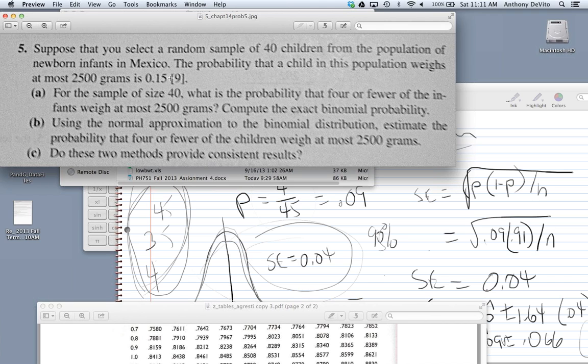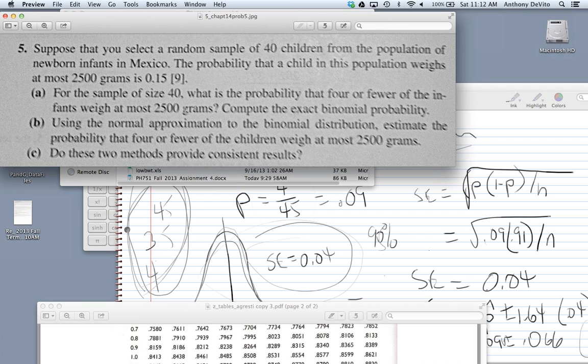Well, that's going to be our binomial distribution. Okay, what's the probability using a normal distribution estimate? Well, in this case, they're saying you take a sample size of 40. Given that this occurs 15% of the time, what's the probability that 4 or fewer infants weigh at most 2,500 grams?